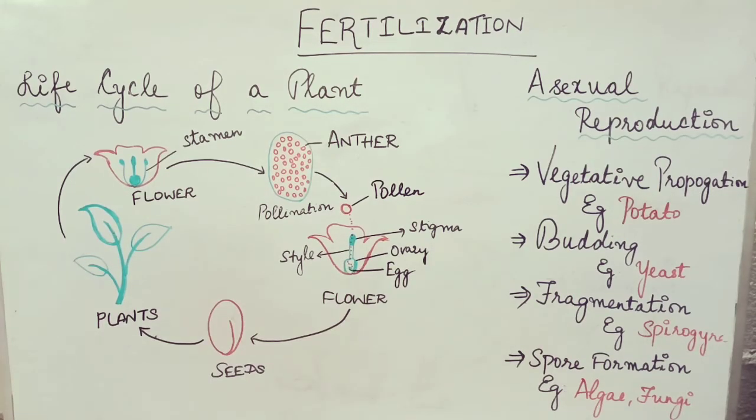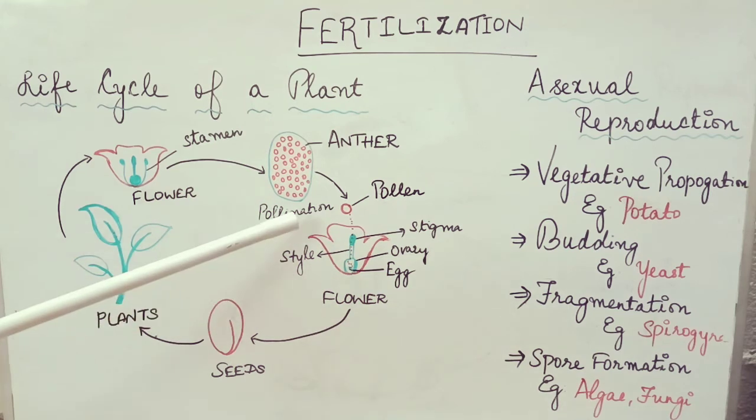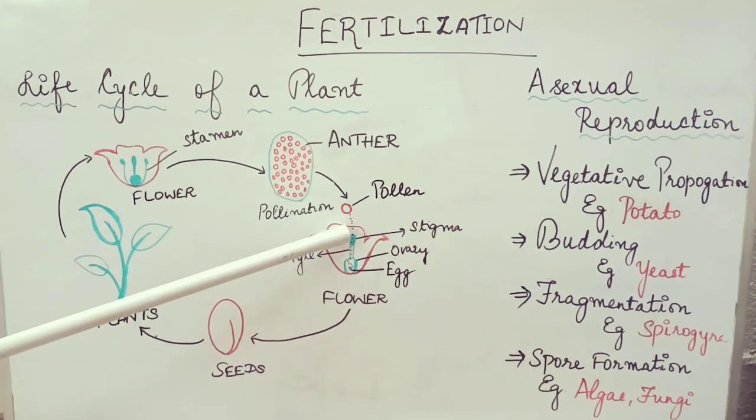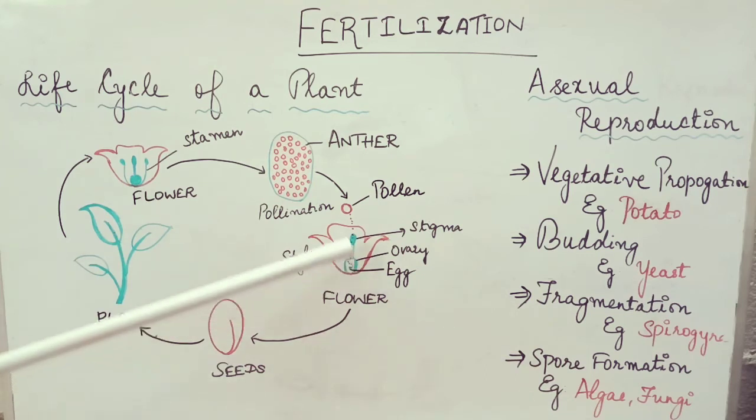Through pollination, the pollen grains reach the stigma. The substance produced on the stigma causes pollen grains to germinate.